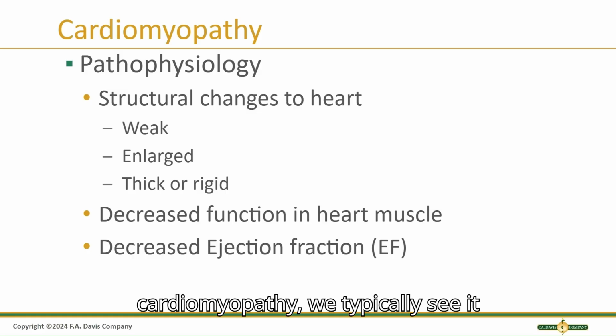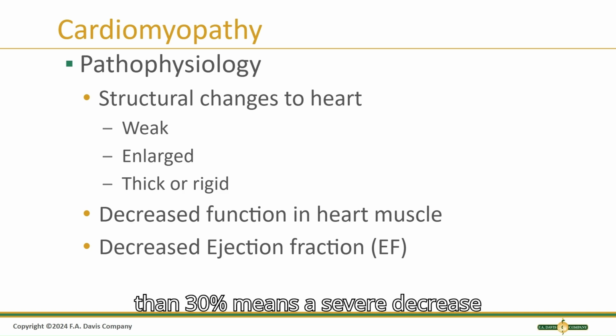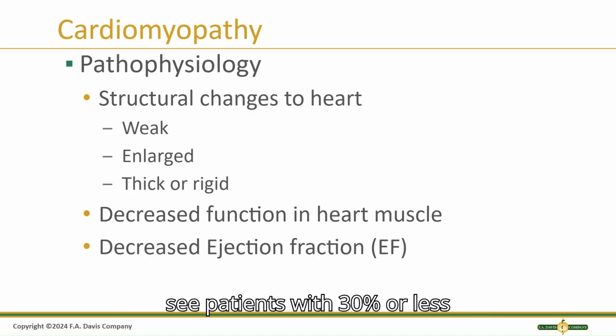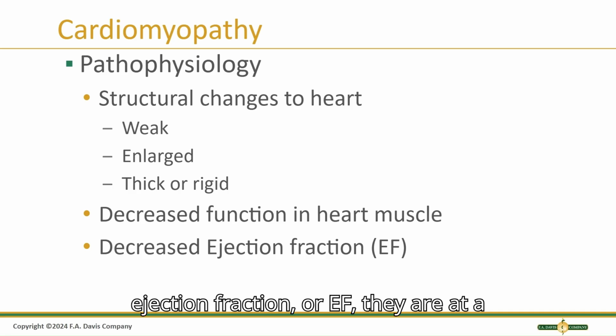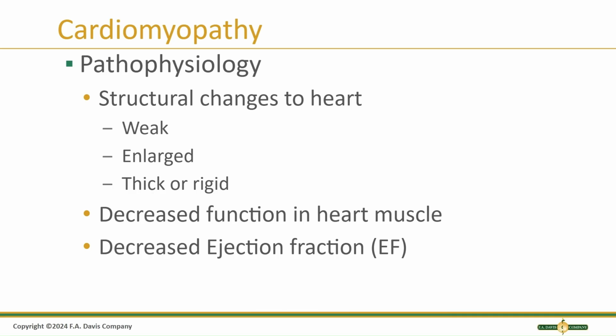This will then cause a decreased function in your heart muscle, which will then cause a decrease of ejection fraction. So your ejection fraction is the percentage of blood that is ejected from that ventricle with each contraction. A normal ejection fraction is approximately 55 to 65%, but in cardiomyopathy, we typically see it lower.